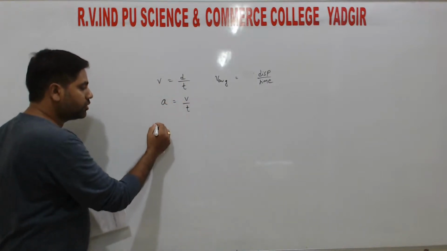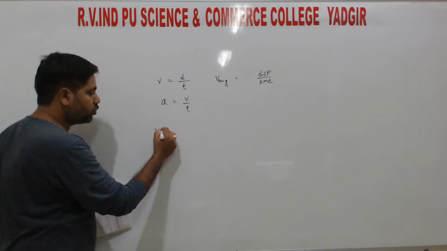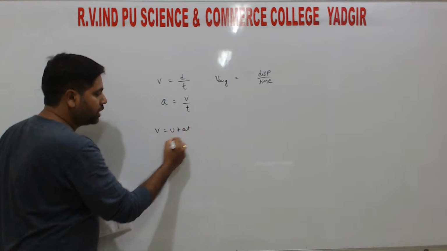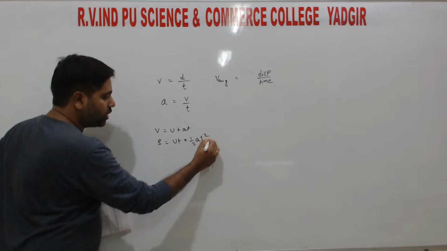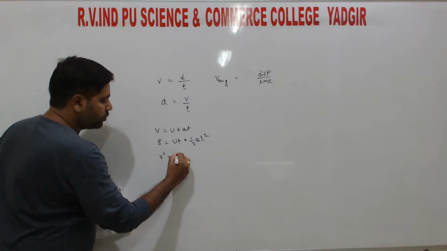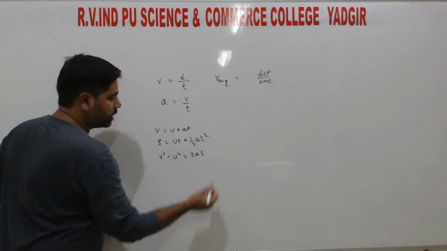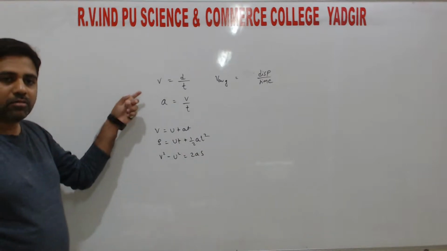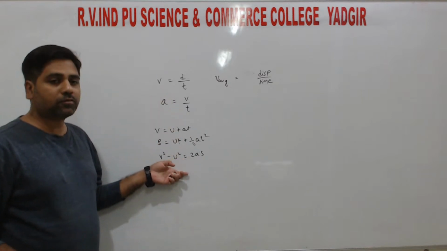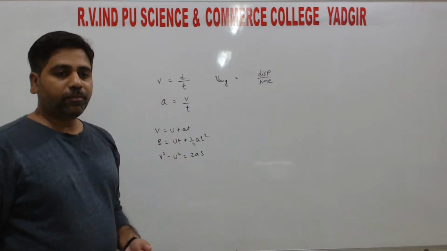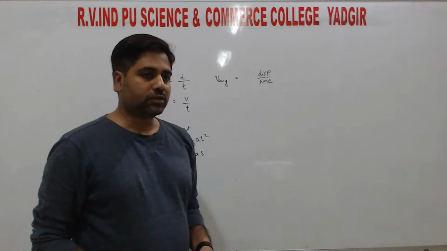Along with this we have the equations of motion: v = u + at, s = ut + half at squared, and v squared minus u squared = 2as. We only have this much of formulas from this chapter. By using these formulas only we are going to simplify the maximum questions, right?